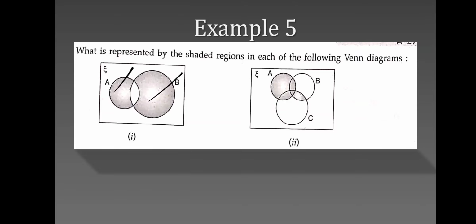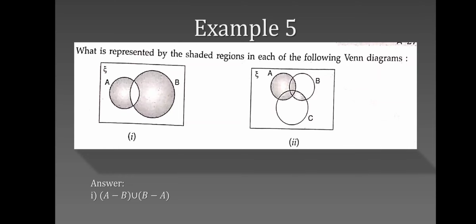So when they are combined together, that means what? I am taking union of the two. So therefore the first answer is going to be A minus B union B minus A. Right? I think it is clear.